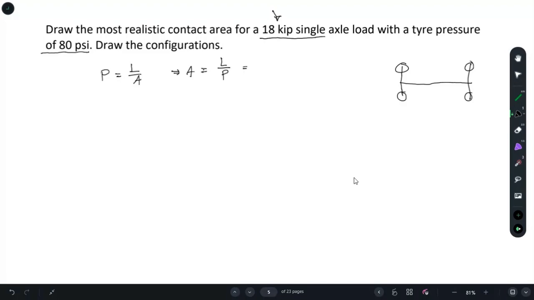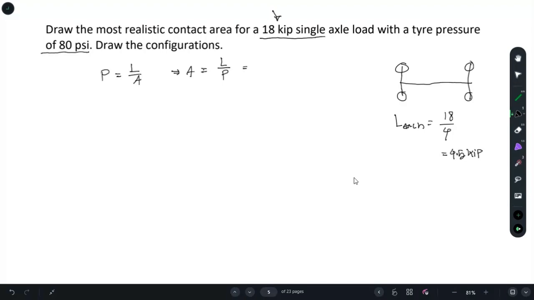So each wheel has a force of 18 over 4. So that would be, I think, 4.5. Yeah. So the load would be 4.5 kip for each tire or each wheel.